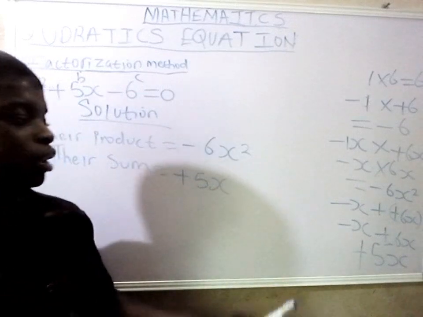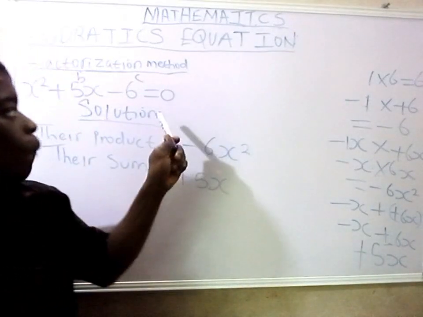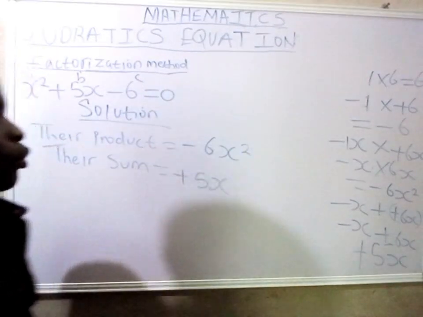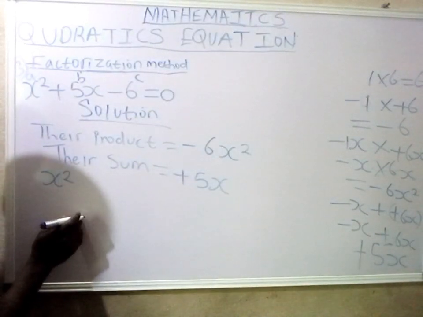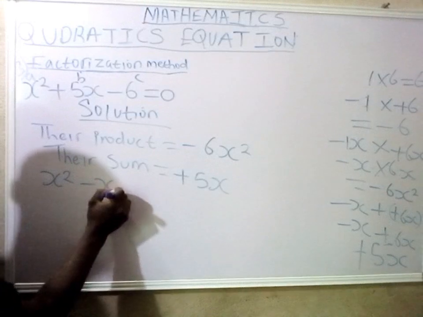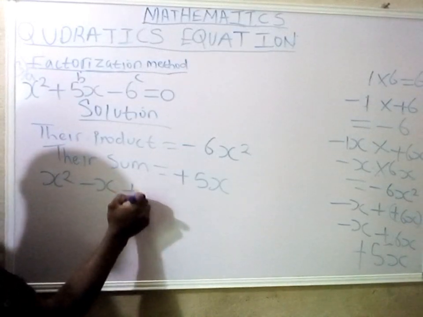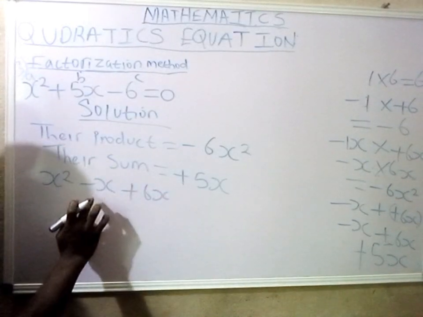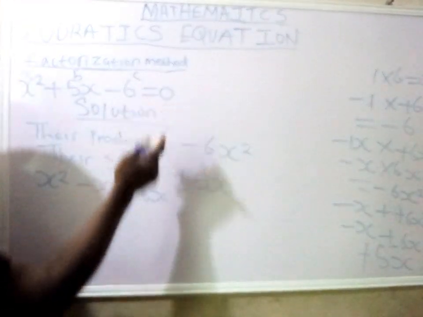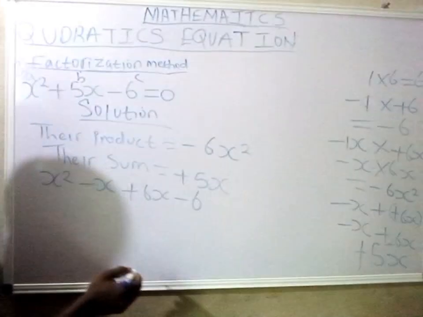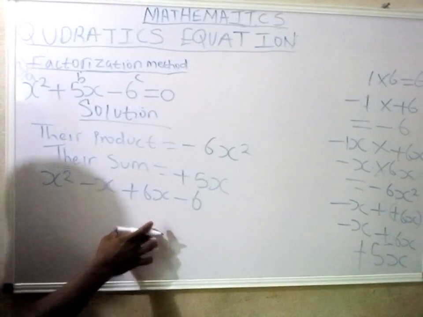So let's substitute these given numbers into the question. So we say x squared minus x plus 6x, because this minus x and plus 6x are from here. Then you put minus 6. Then you factorize.